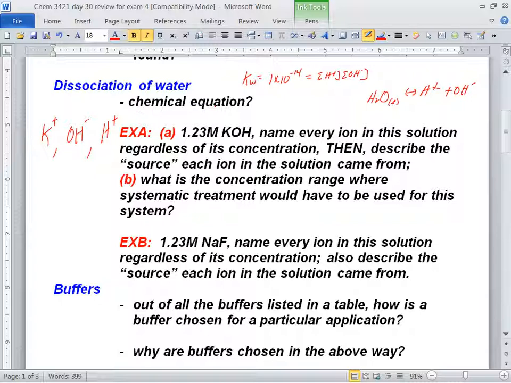But we do for what molarity to what molarity of KOH? Brandy, what molarity to what molarity? Very good. 10 to the negative 6 to 10 to the negative 8. 10 above and 10 below, neutral, where water's just sitting there pure.